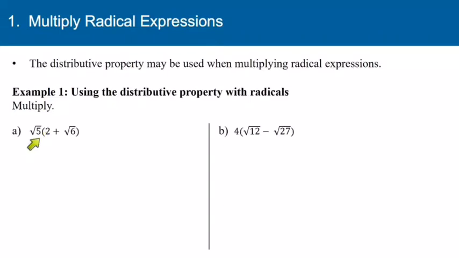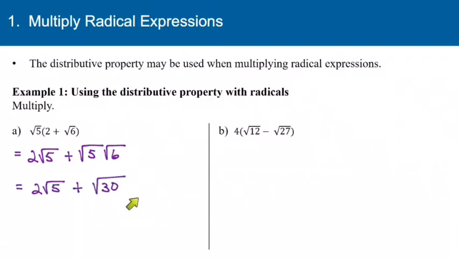So square root of 5 times 2 will be written as 2 square root of 5. And then we will be multiplying square root of 5 times square root of 6, and we know from our product rule for radicals that that's going to be square root of 30. So final answer here, 2 square root of 5 plus square root of 30.